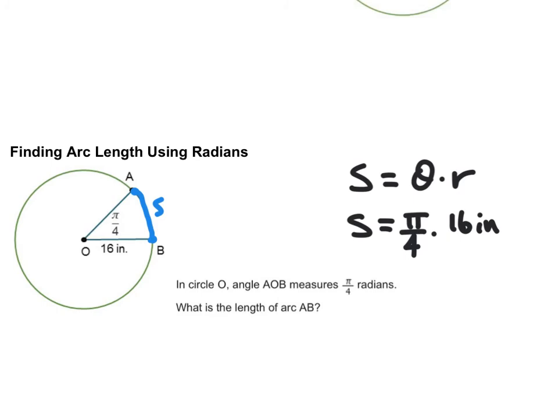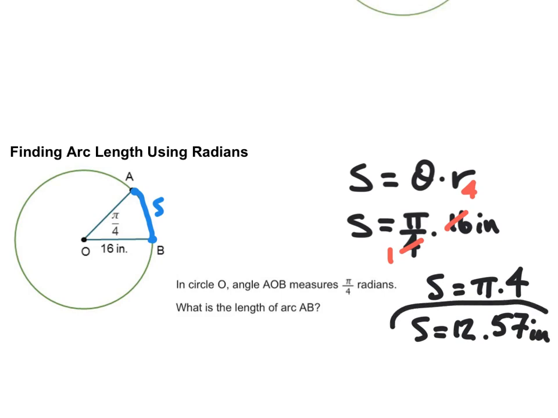If I take 16 and divide it by 4, this is going to be 4, so this simplifies to 4 over 1. So my arc length s is going to be equal to pi times 4. Multiplying 4 by pi gives a value of approximately 12.57 inches.